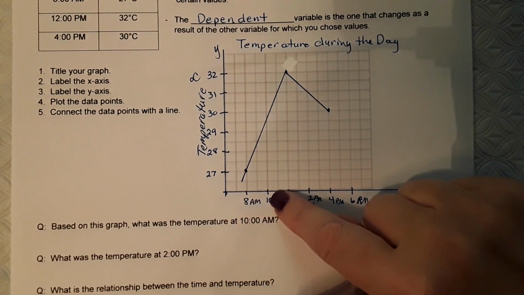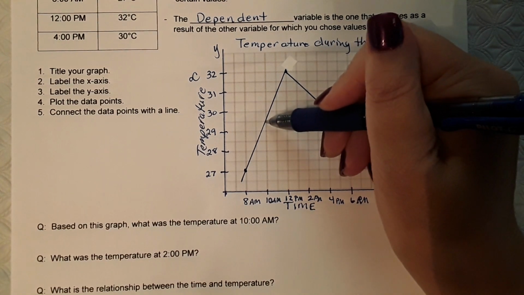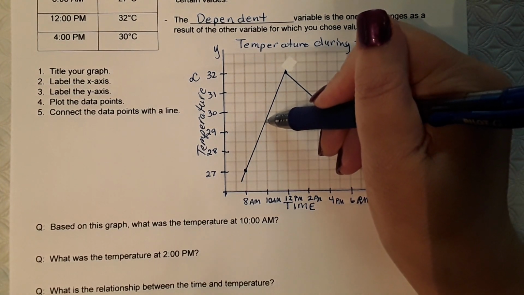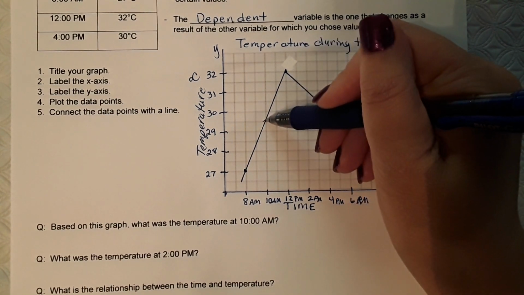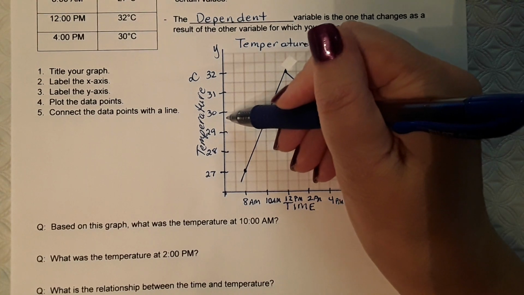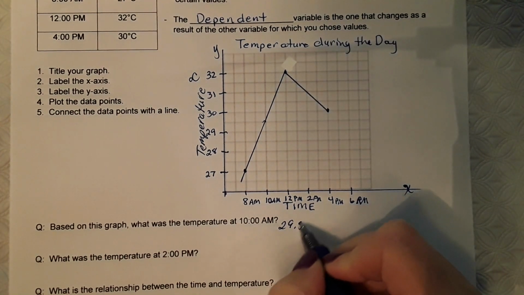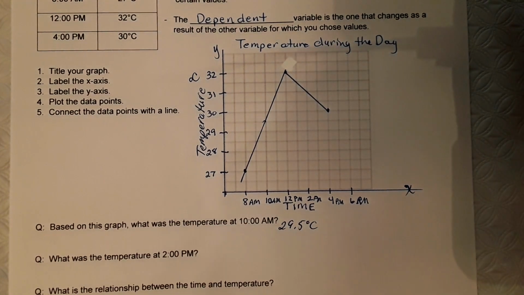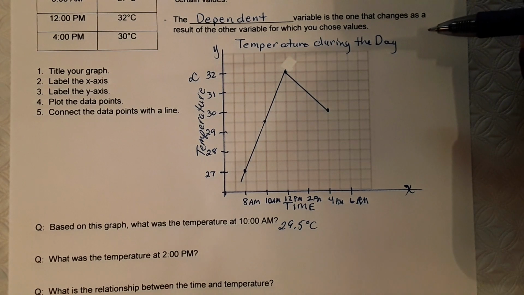If we go over to 10 a.m., we simply follow that up to the graph line and see what temperature we had at that point on the graph line. Well, it would be 29.5 degrees Celsius. So the temperature at 10 a.m. was 29.5. See? That's pretty easy.